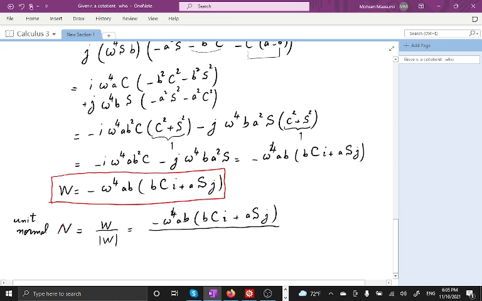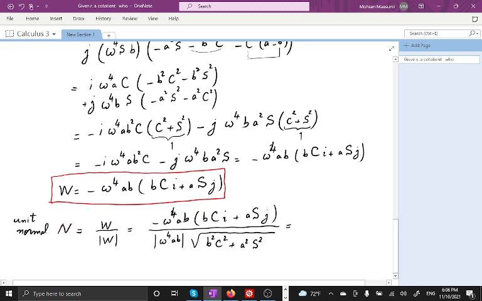Length of this. Okay, this is a multiple. So the length of this is going to be, well, of course, absolute value omega 4 AB times absolute value of that vector, which is going to be the square root of b squared c squared plus a squared s squared. Now omega is whatever omega is, this and that one, they are going to cancel each other out.